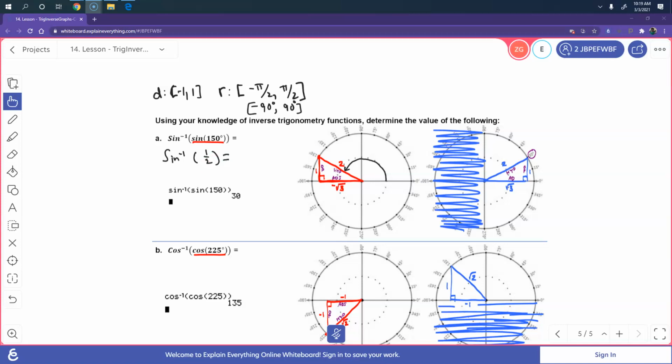When you type this into the calculator, you're going to notice that 30 comes out instead of 150. And the reason that 30 comes out is because your domain is restricted between -1 and 1. So therefore, your range is also restricted from -90 to 90. So when you get the inverse sine of 1/2, you would think you get 150, but no, you get 30 because remember your domain is restricted.